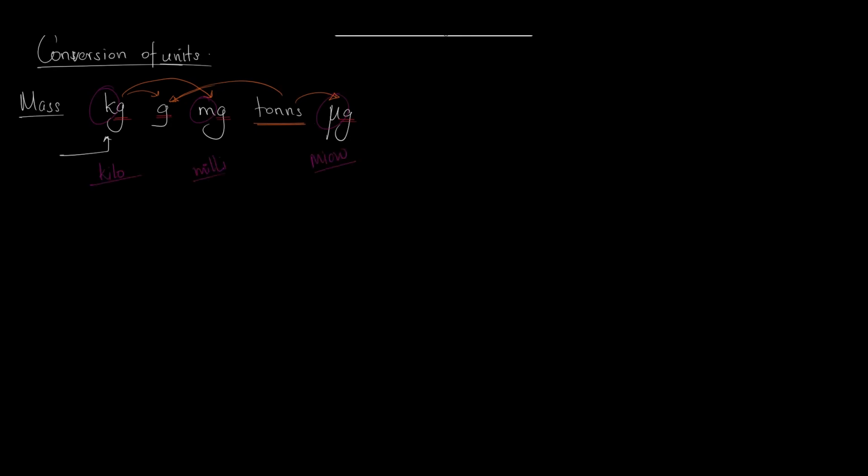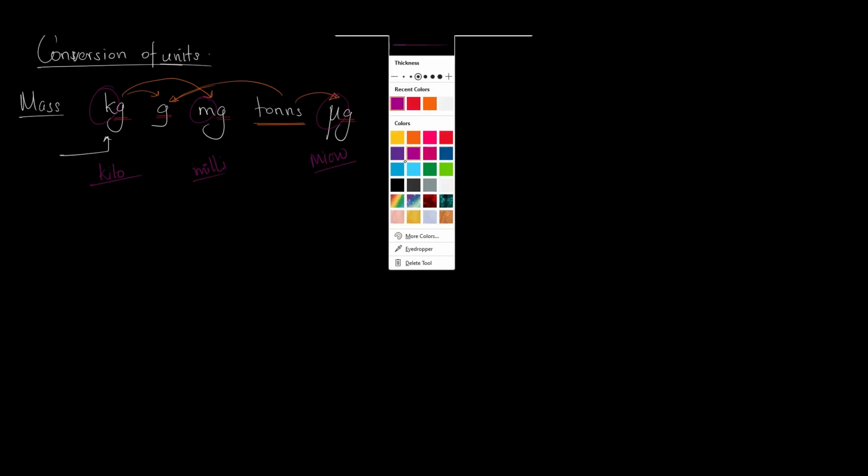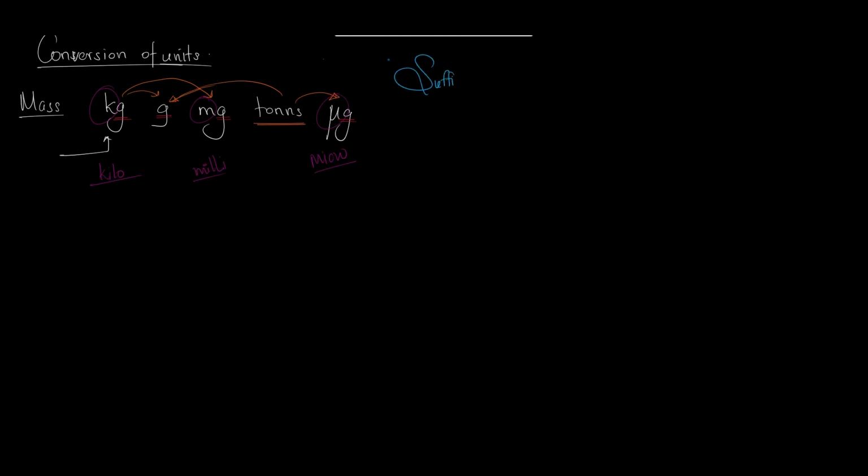So these are what we call suffix, right? So what are suffix? We know that nowadays this is a fashion, right? If it is 2024, people write it as 2K24, right? So this K is a suffix, which is kilo, which tells you it is of thousands or multiple of thousands.